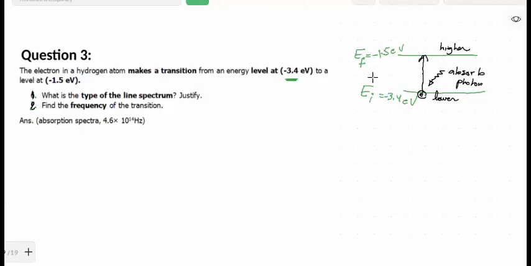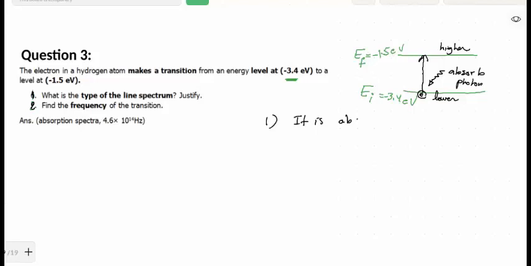So because it needs to absorb a photon, the type of this spectrum is absorption spectrum. Why? Because the electron is moving from lower to higher energy state.